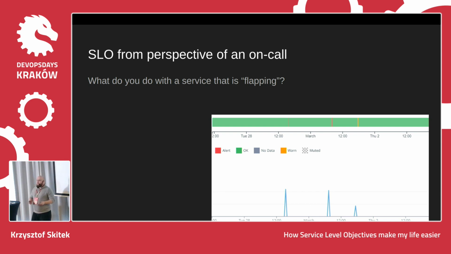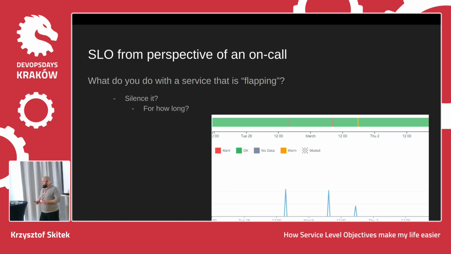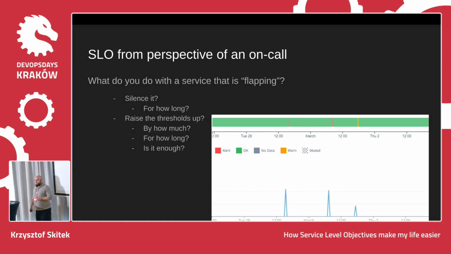So what can you do with something like that? Well, you can silence it. It is a solution, not a great solution. You can, of course, raise the threshold of alerting. But again, you are guessing for how long, by how much you should raise it. And you don't really know if this will be enough or not.